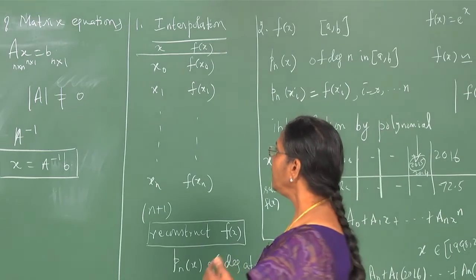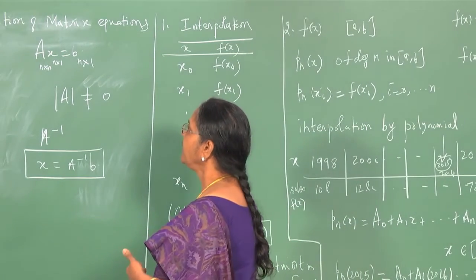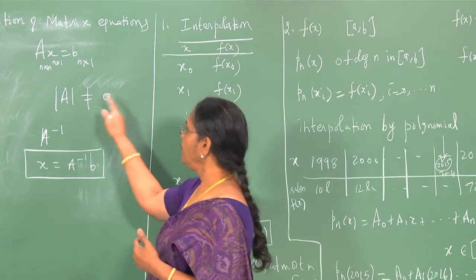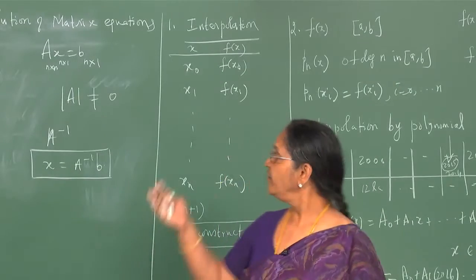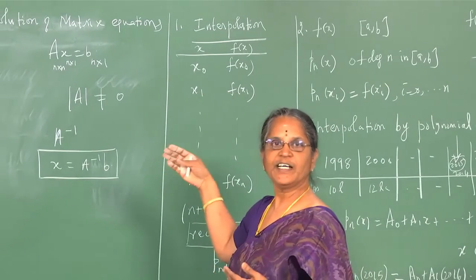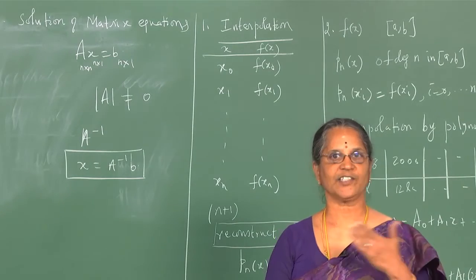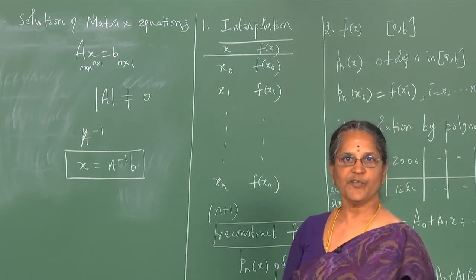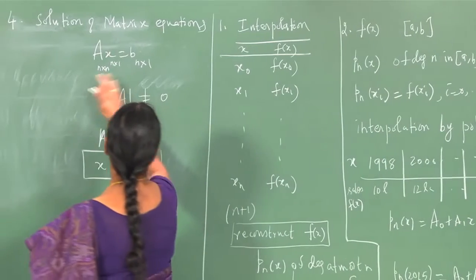Therefore we need to develop techniques so that we should be able to compute A inverse numerically. So, in this topic we will develop a number of techniques, both direct as well as iterative, for solution of matrix equations of the form Ax is equal to b.